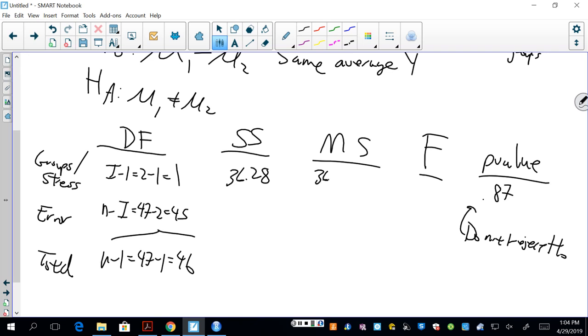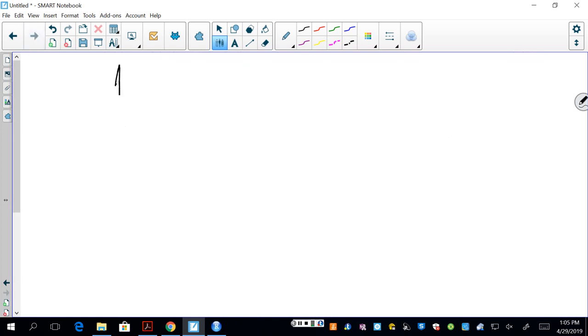It's just 36.28 divided by 1, or still 36.28. We had the F value of 7.03. We could figure out that one, right? Because that F has to be the ratio of the two mean squares.